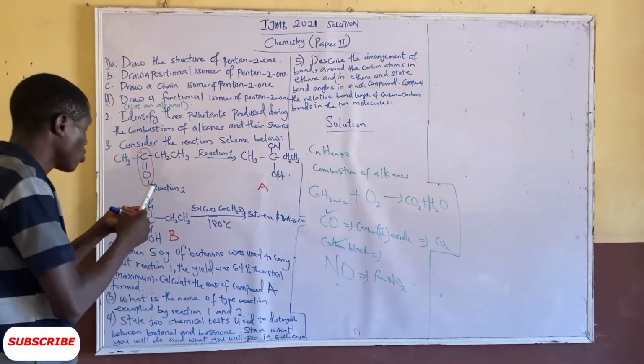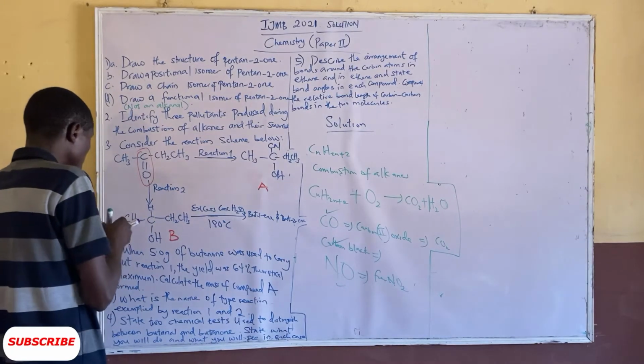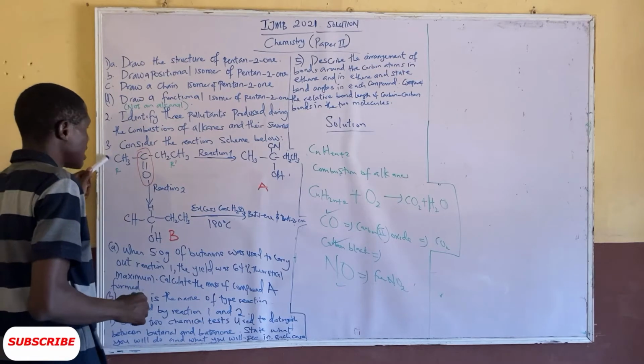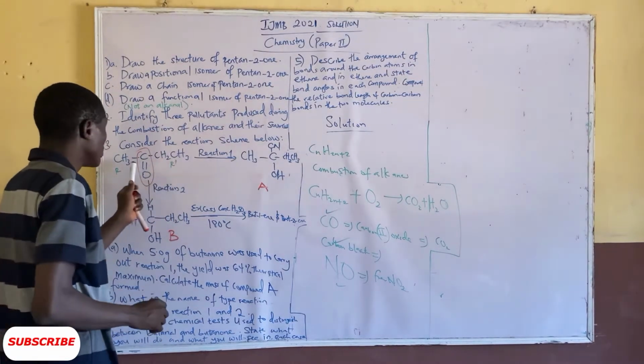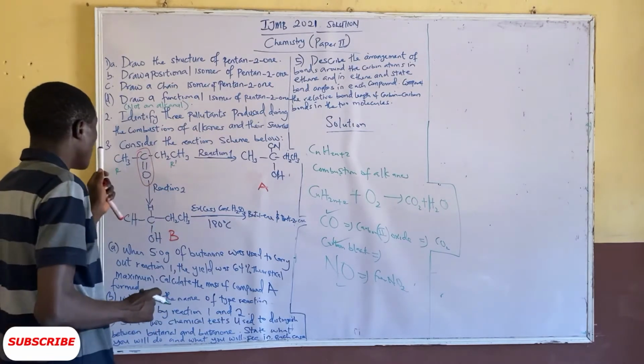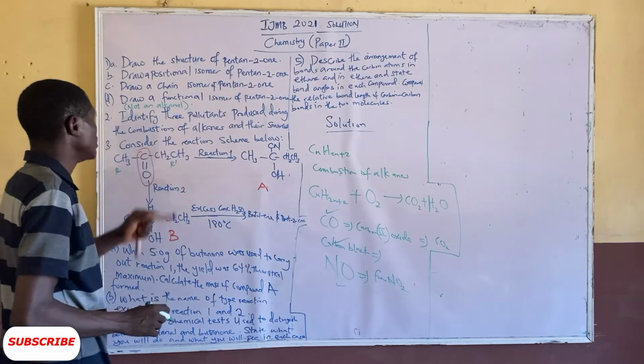Why is it a ketone? Because this is R, and this is R prime. This is methyl, and this is ethyl. So this one is a ketone group, that is alkanone, and this alkanone is 1, 2, 3, 4. It is what?